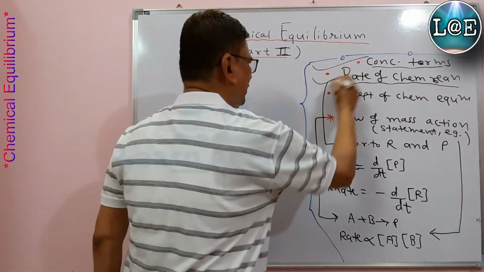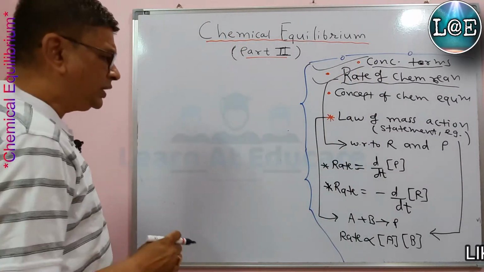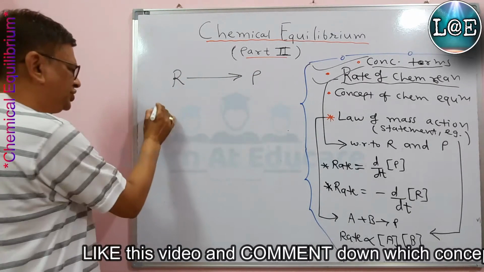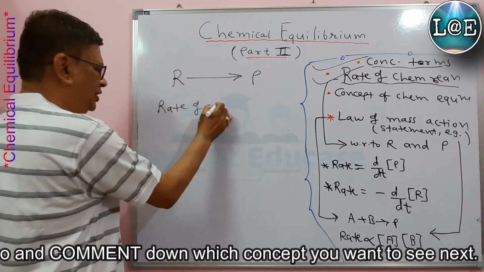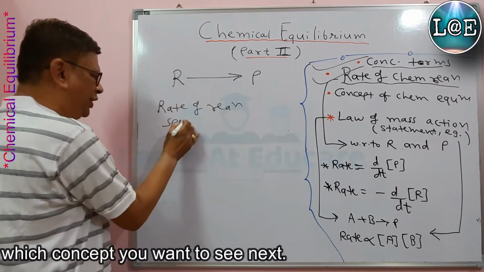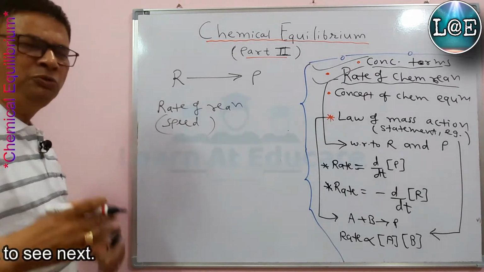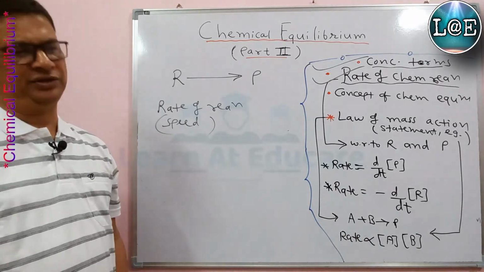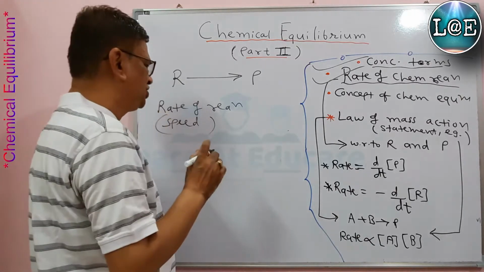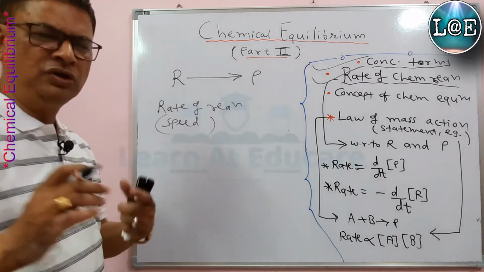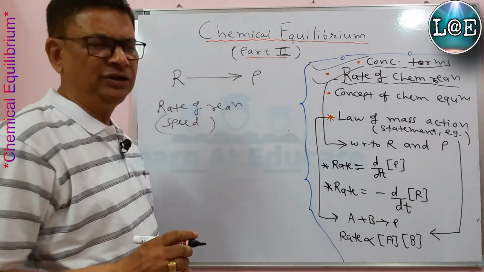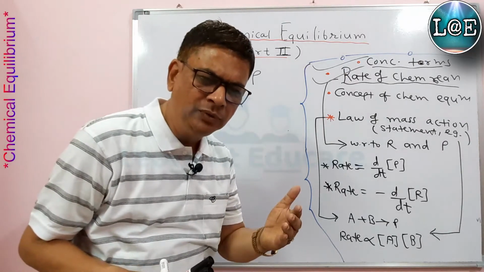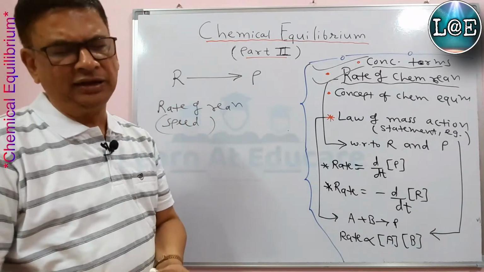Now this is the requirement for rate of reaction. Remember, if reactant gives product, for this particular reaction, rate of reaction, rate means actually speed of reaction, how fast or how slow that reaction occurs, is given by the rate of reaction. That rate of reaction is defined in terms of increase in concentration of product or decrease in concentration of reactant per unit time.